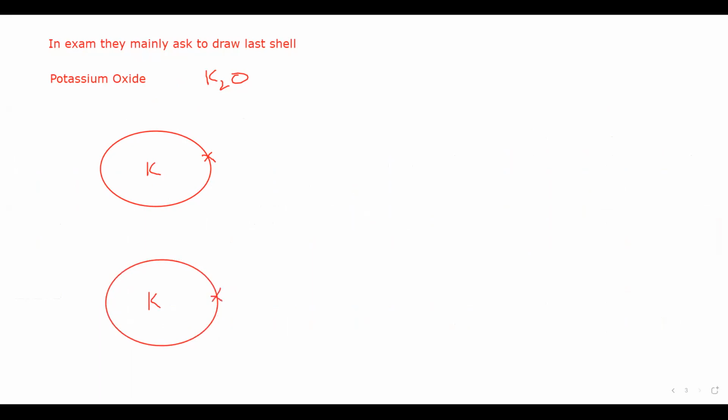And for oxygen, in the last shell, oxygen belongs to group 6, so this is the last shell of oxygen, which has 6 electrons. Because this is the last shell only, the metal will lose all of its last shell electrons. So how many electrons will potassium lose?